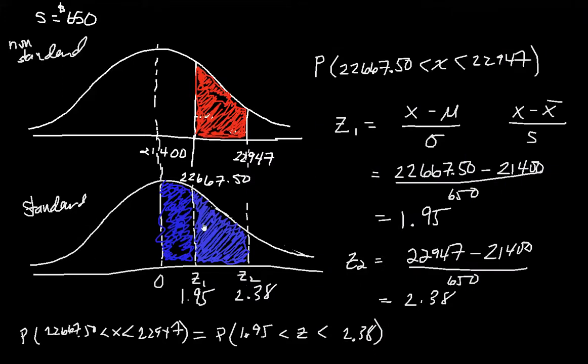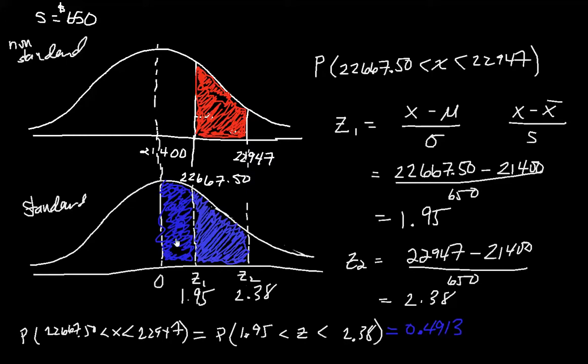So I know the entire blue area is 0.4913. However, I don't want that first part of that blue area, that darker blue. I'm only looking for the lighter blue area, which corresponds to just the red area.